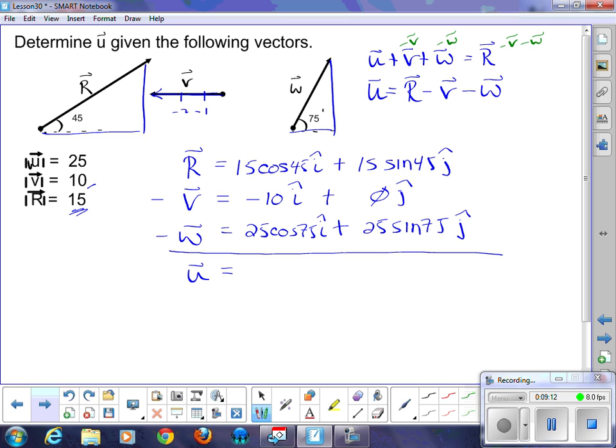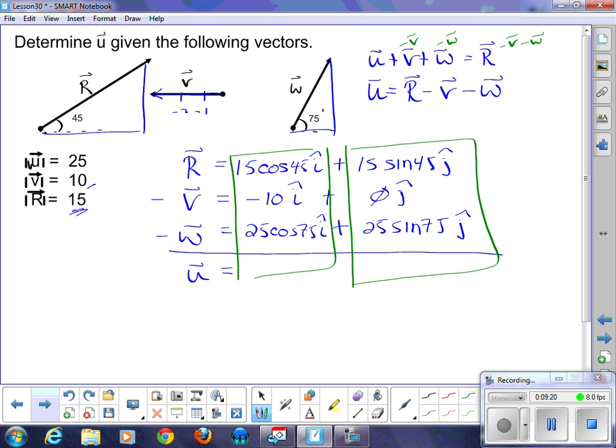So you just got to use your calculator and add up your i column, and add up your j column. And remember that we are subtracting this time because we rearranged the formula. So on your calculator, you would put 15 cos 45 minus negative 10. So you got to be careful with the signs here. Minus 25 times cos 75.